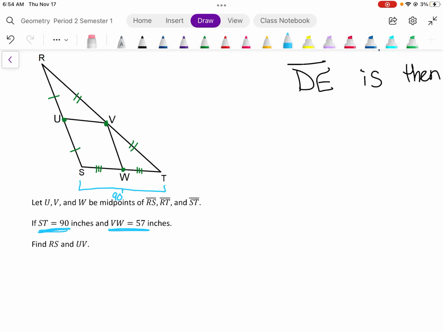And VW is 57 inches, which is this segment here, 57 inches. They want us to find the length of RS, and they want us to find the length of UV.